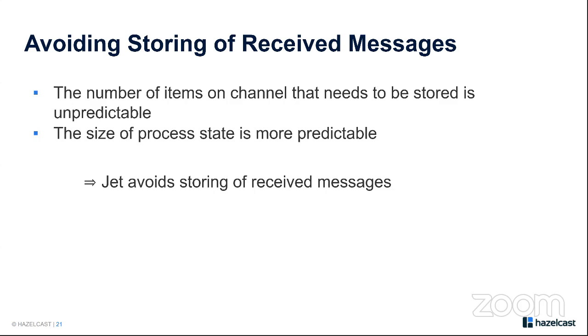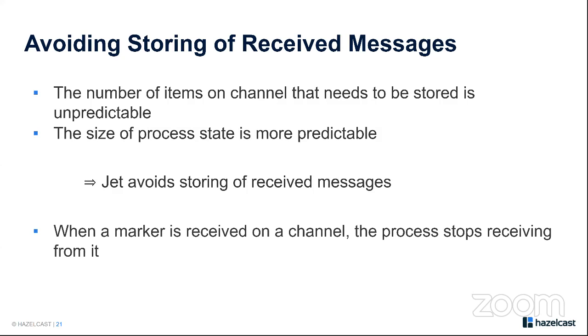And how do we do that? The trick is that when a marker is received on a channel, the process stops receiving from that channel. Our processes can decide from which channel to take more items. When we take an item from some channel and see that it is a marker, we stop receiving from that channel and only receive from other channels.